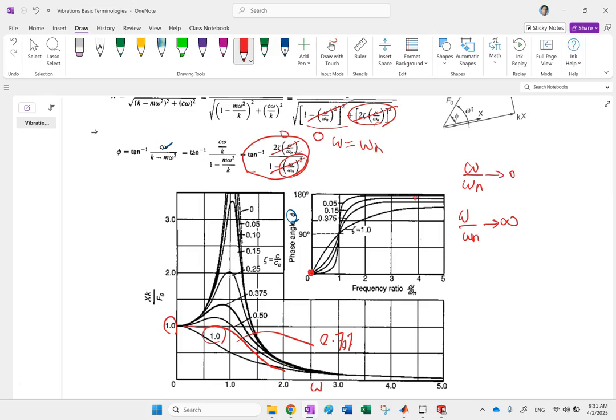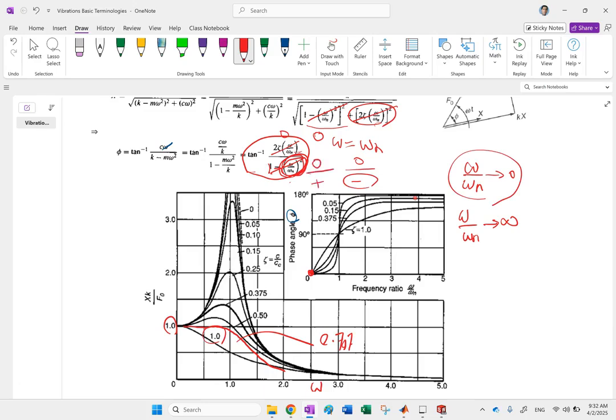This number, if you simplify, is going to be very large, and when 1 is subtracted from that number, the numerator compared to denominator is going to be basically something like 0 divided by a negative number, instead of 0 divided by a positive number, which happened when omega over omega n goes to 0.